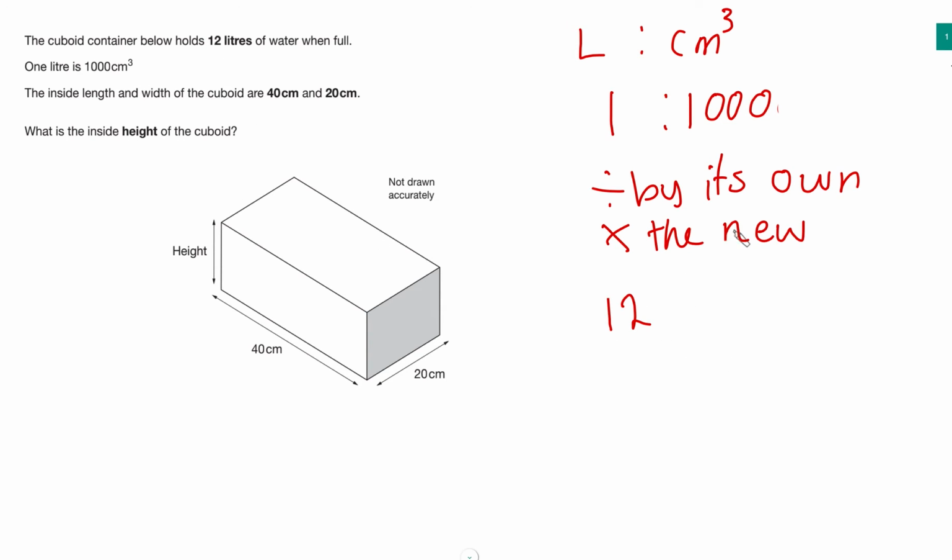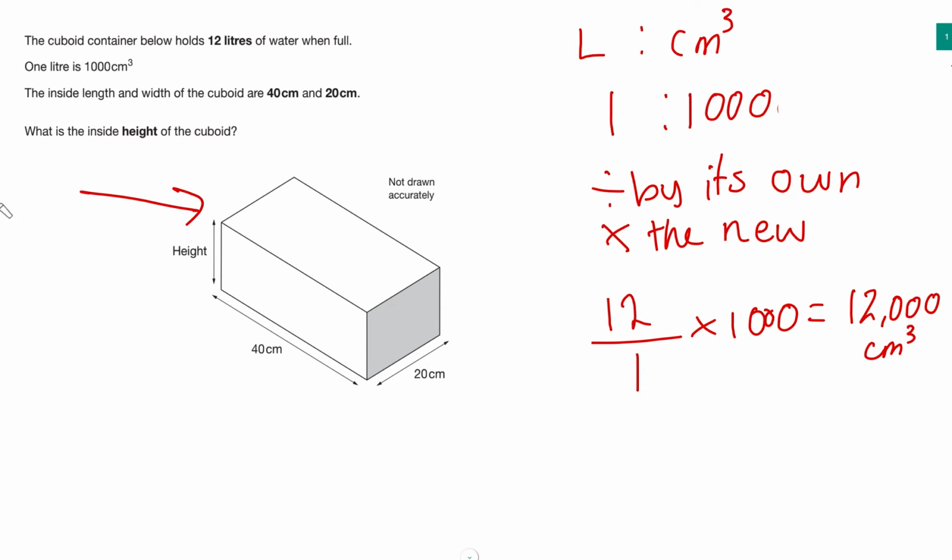So 12, if I divide it by its own, 12 divided by 1, and then if I multiply by the new, which is 1,000, that just equals 12,000 centimeters cubed. So this entire box holds 12,000 centimeters cubed of water.